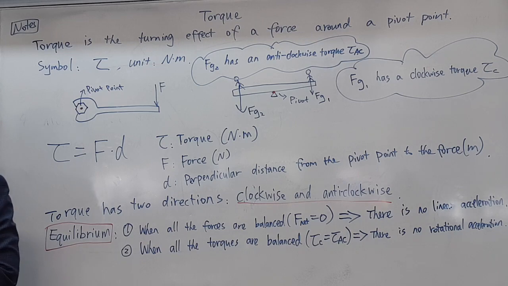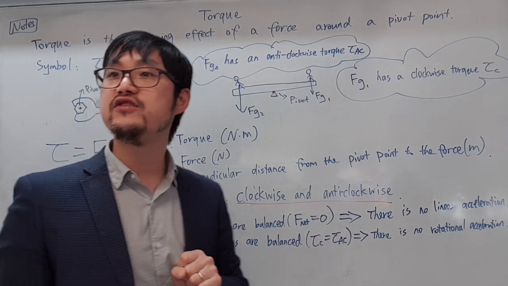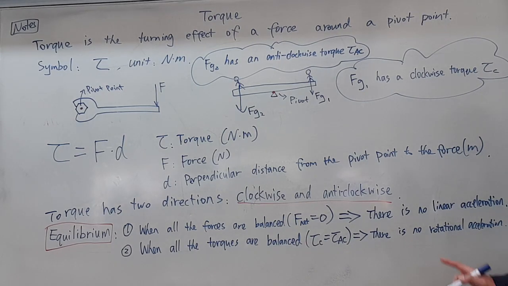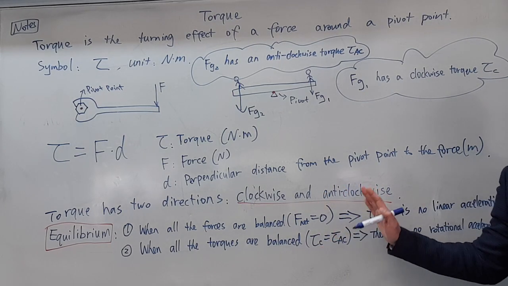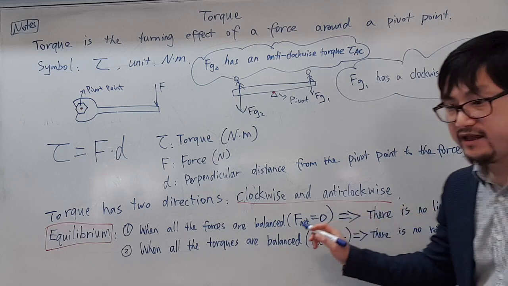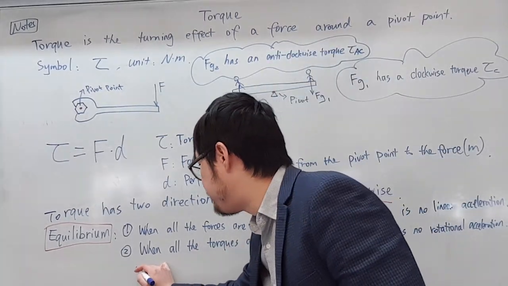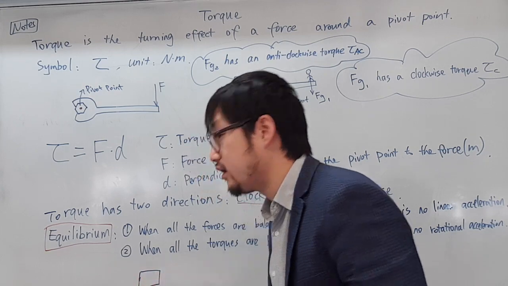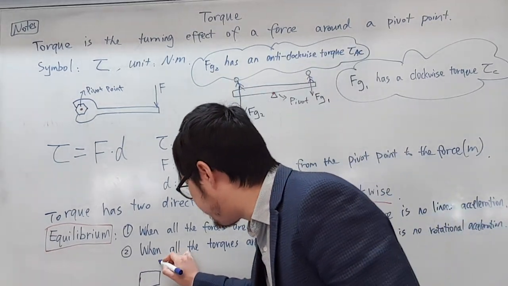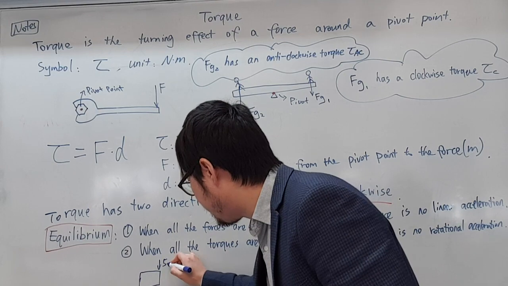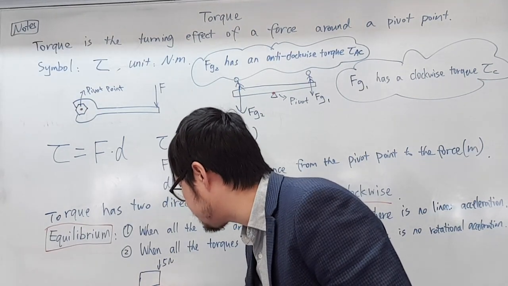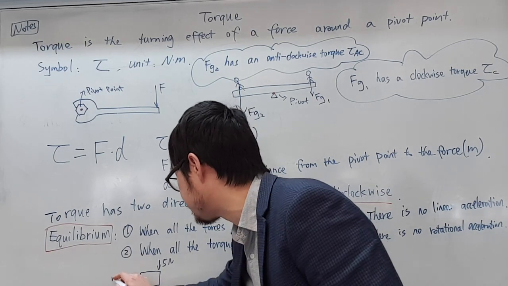Does it make sense? Okay, so now I'll give you guys a few situations. Why does equilibrium need to match these two criteria? Let's think of this situation. If you have a box over here, and you have a 5 Newton force acting in this direction, and then a 5 Newton force acting in this direction.